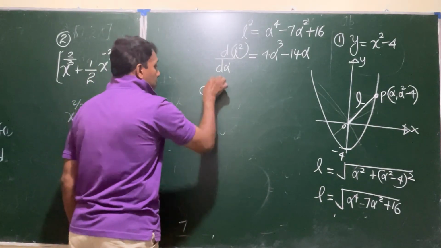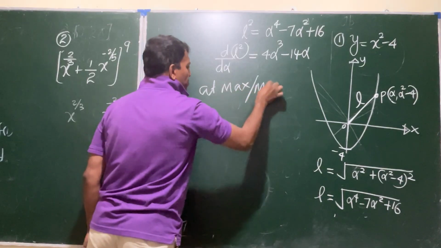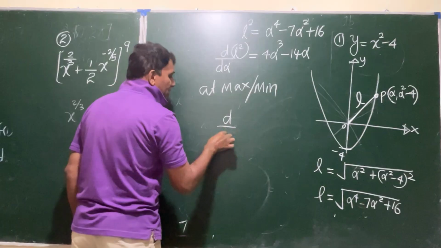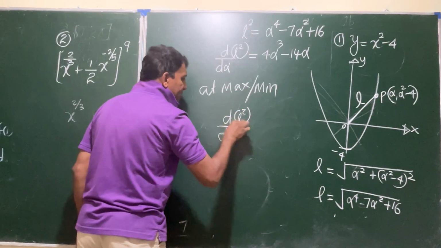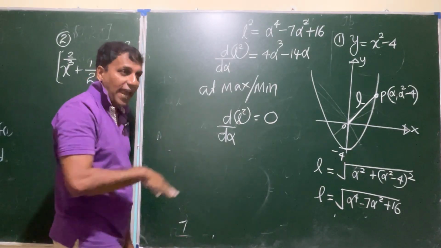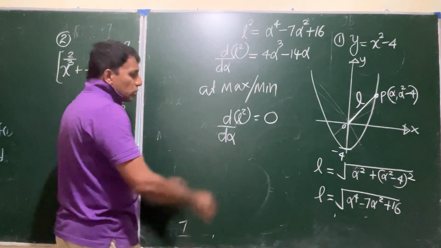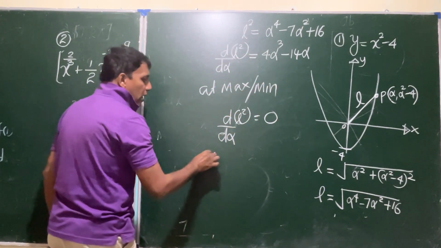At maximum or minimum, the first differentiation is 0, because the tangent's gradient is 0, tan naught. So now we can put this equal to 0 and find the alpha answer, right?